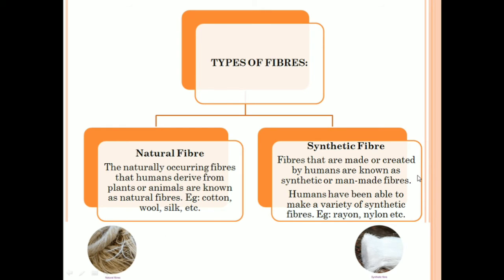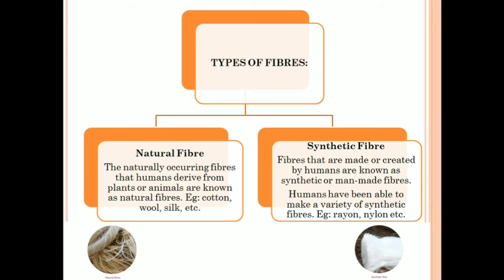Let's see what is synthetic fiber. Fibers that are made or created by humans are known as synthetic or man-made fibers. Humans have been able to make a variety of synthetic fibers, for example, rayon, nylon, etc. Okay, synthetic fiber. From the name, what we can conclude is that it is something made by humans. It is a man-made fiber created by human beings. So they are known as synthetic or man-made fibers.